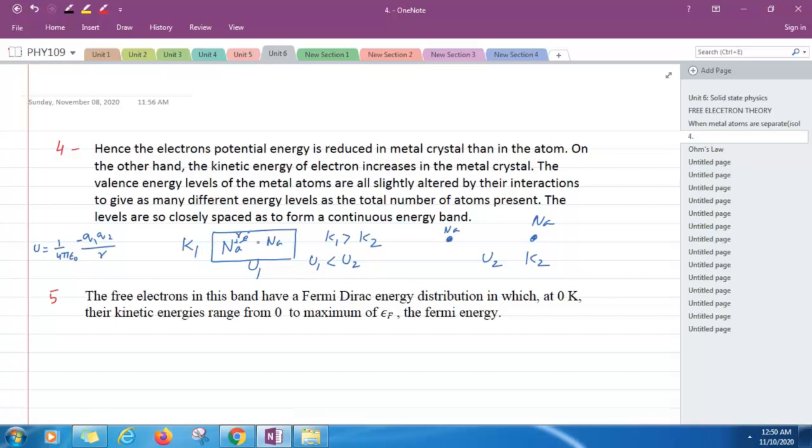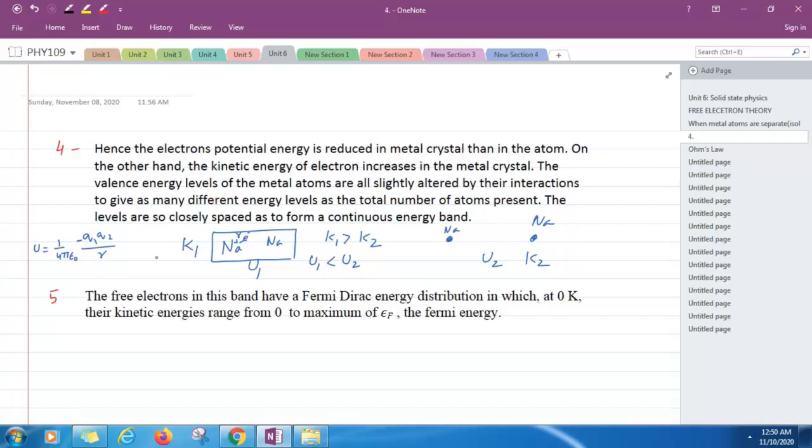These atoms are very closely spaced, so their valence energy levels overlap, and because of that overlapping there is a slight change in the energies of those levels. We have closely spaced energy levels, which is known as a continuous energy band.